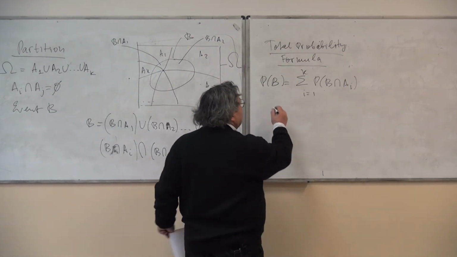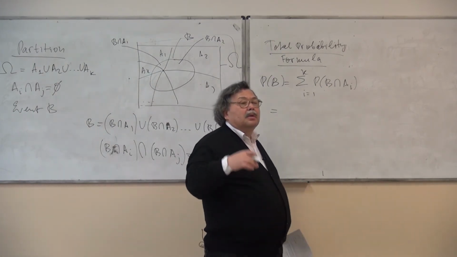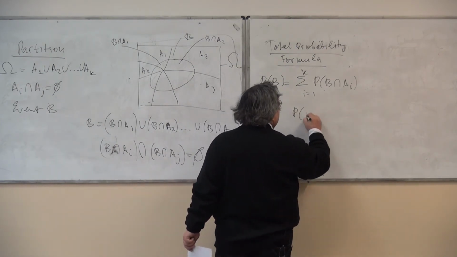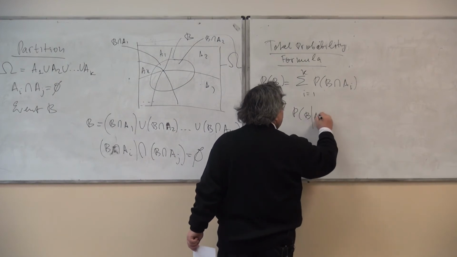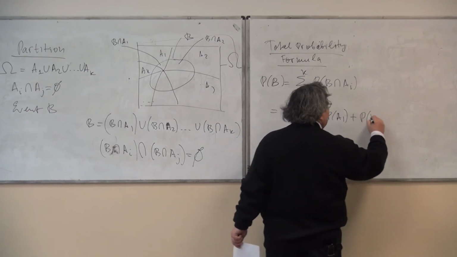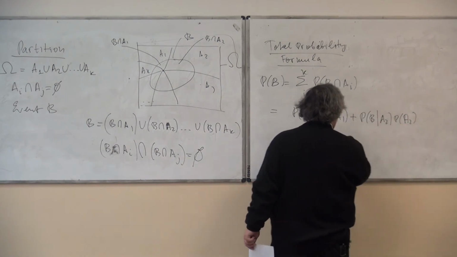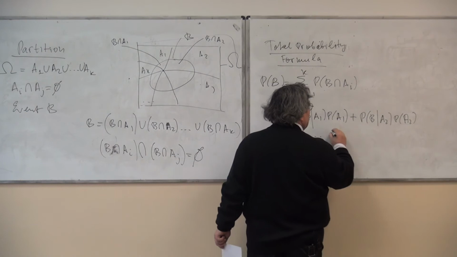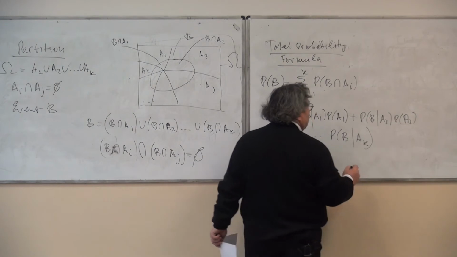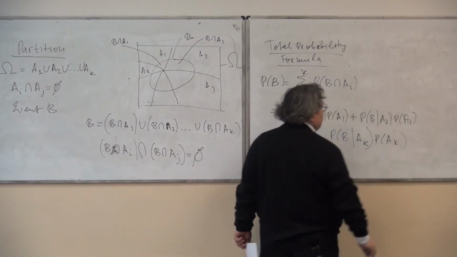And also, I can express the probability of each such intersection using the product rule. So it's going to be P of B given A1 times the probability of A1, plus P of B given A2 times the probability of A2, and so on, up to P of B given AK times the probability of AK.